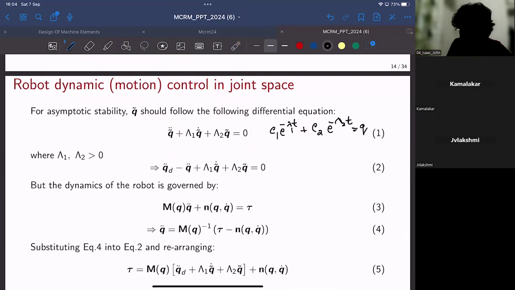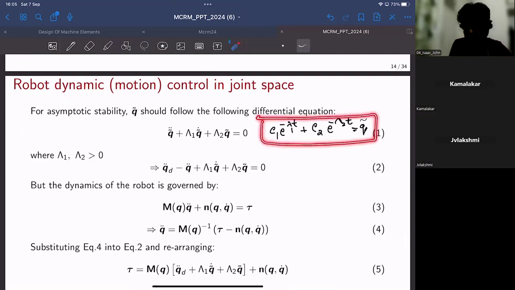This will be your Q tilde. If your robot is behaving as per the second order dynamics, the error, this Q tilde, the homogeneous solution would look something like this, a generic form.